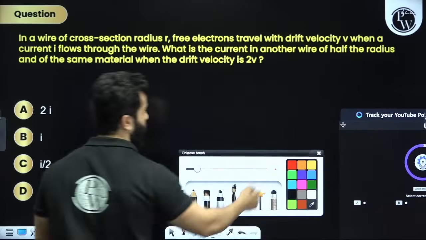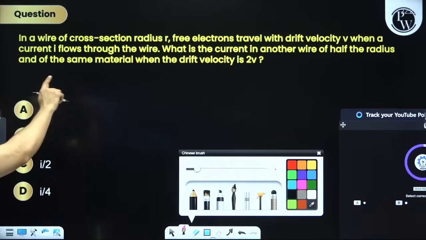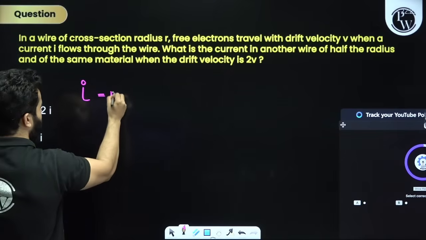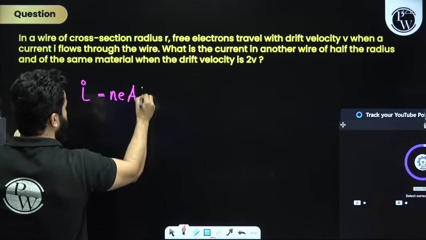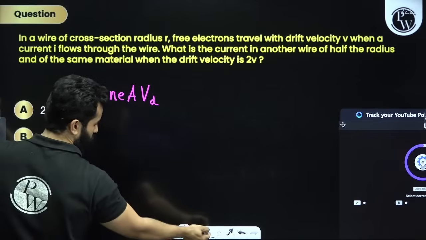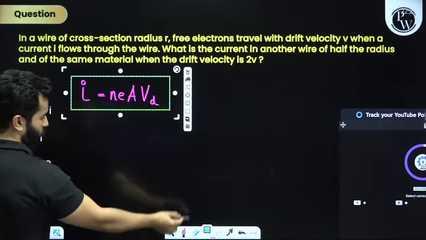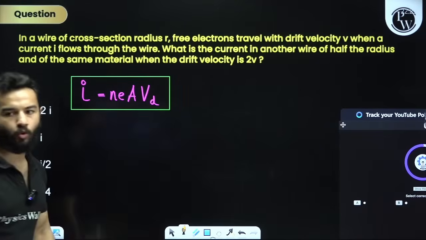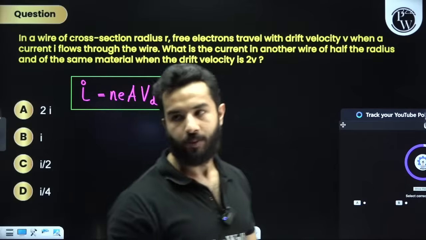The concept is that they are talking about a wire of cross section, drift velocity and current. So use the formula current I is equal to nEAVd. This should be your go-to formula for this question.